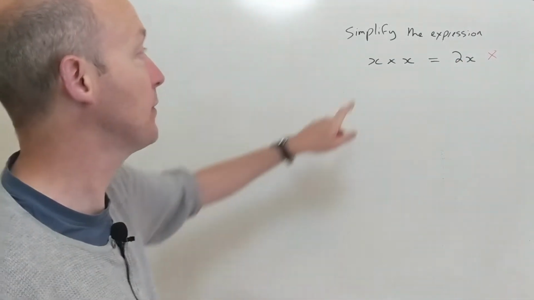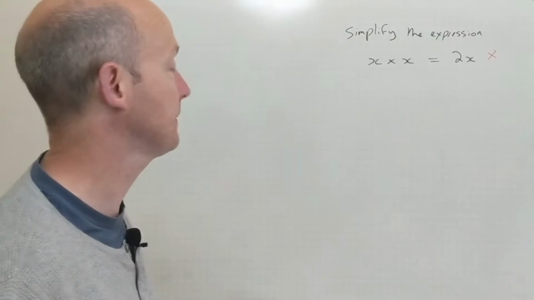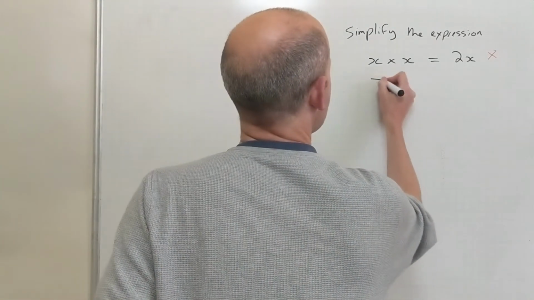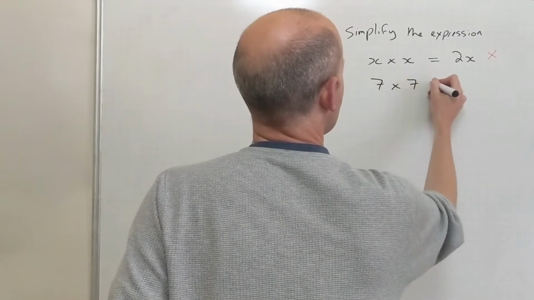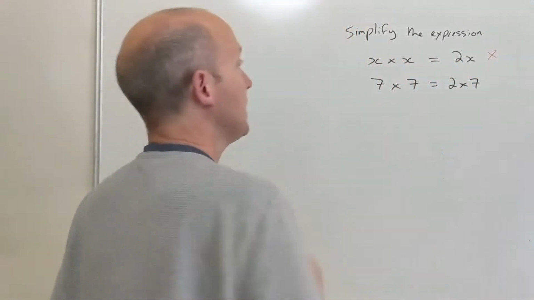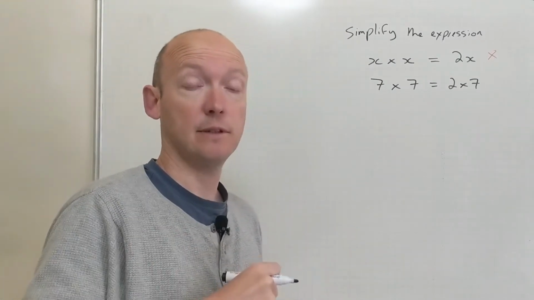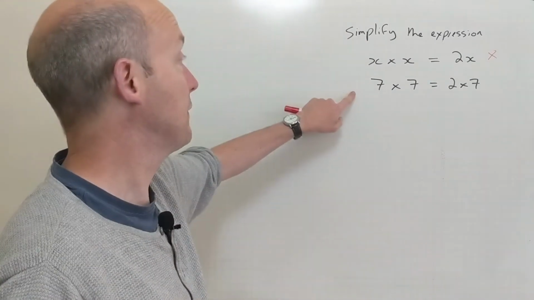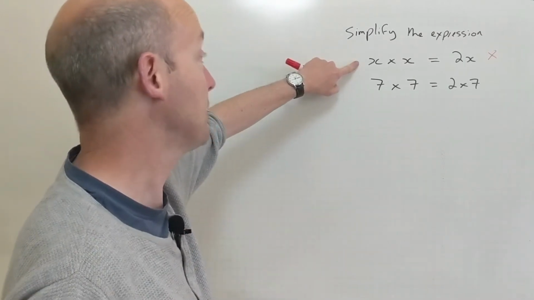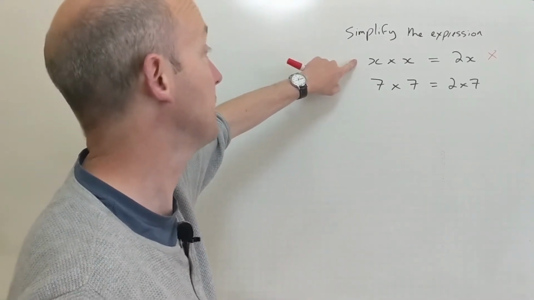That's what we're saying if we say x times x equals 2x. And I'm going to think of the number 7. And I'm going to say, okay, 7 times 7 equals 2 times 7. See, if this is true, it's true for all numbers. But it's not true for 7. 7 times 7 is not the same as 2 times 7, which means this rule can't be true. x times x can't be 2 times x.